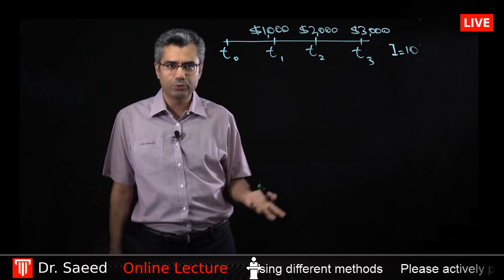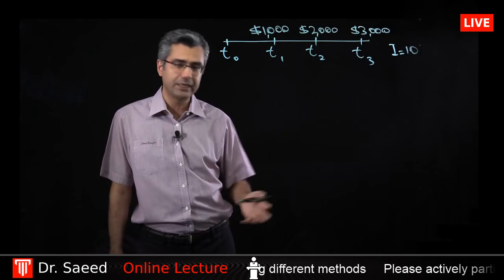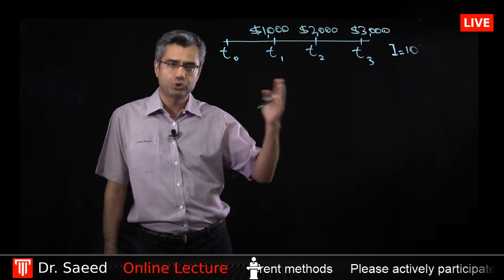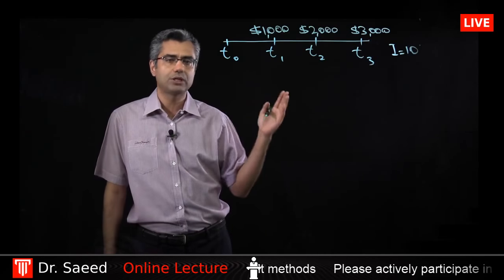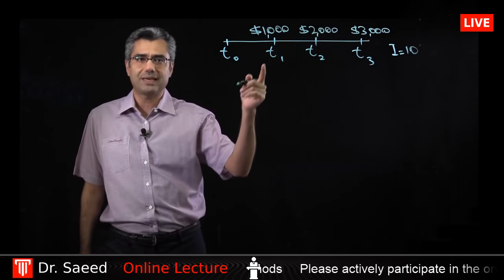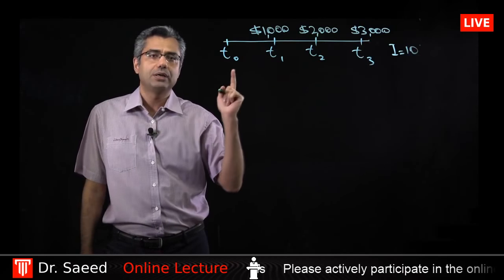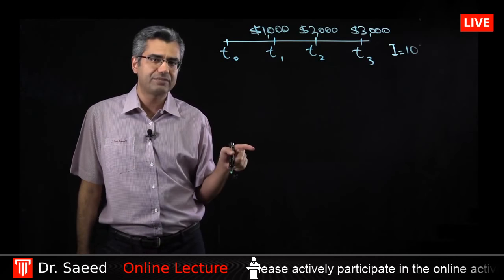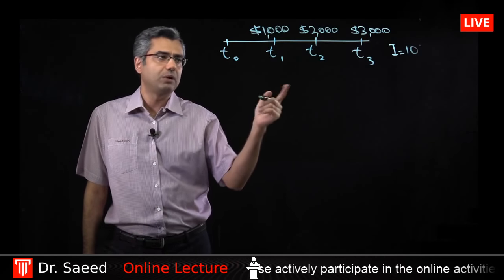Actually there is no new formula. We still will use the previous formula that I showed you, but we need to use the formula 3 times. I will discount all these three cash flows using the same formula that we already have seen, but one by one.